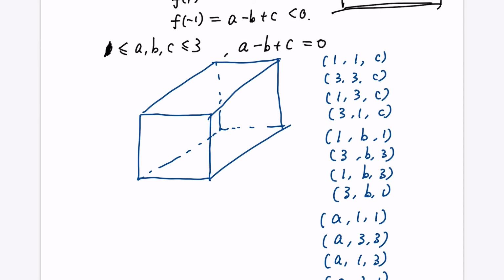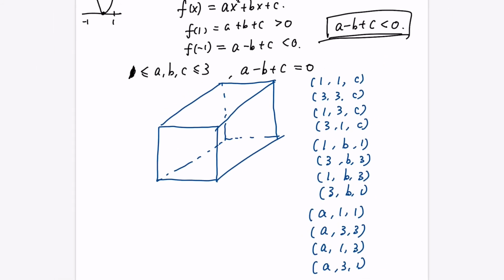Let's see which ones are possible. This one means A and B are 1, but since C is at least 1, this won't work. And 3, 3, the same thing. A minus B is 0, and 3 is not less than 1, so that's not possible.